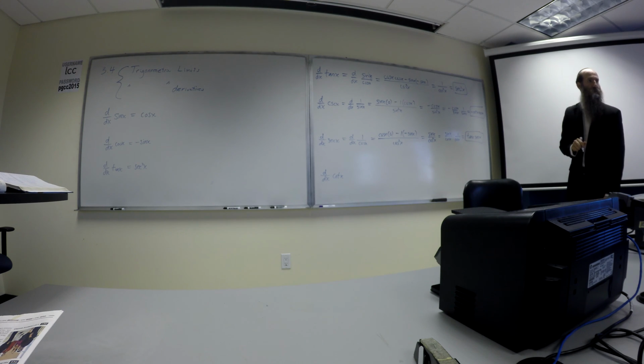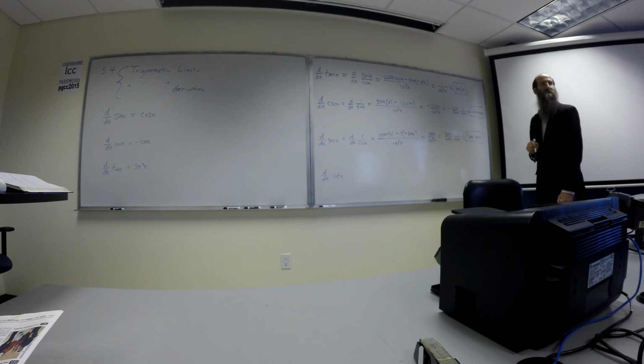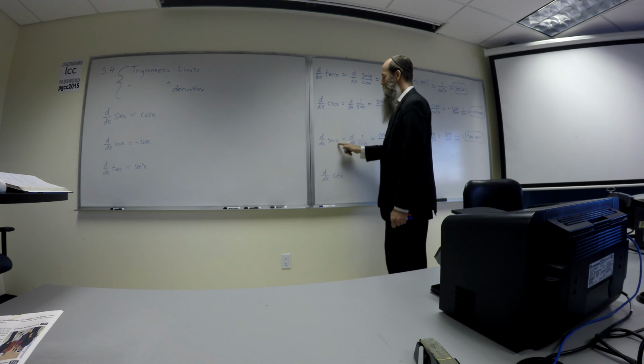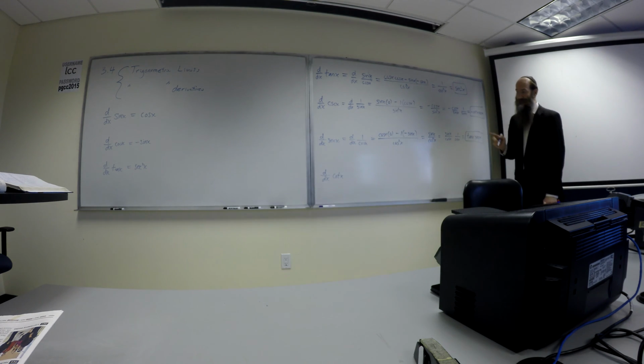You can plug any x value you want in here, and that will give you the slope of secant. It is not going to yield an asymptote.